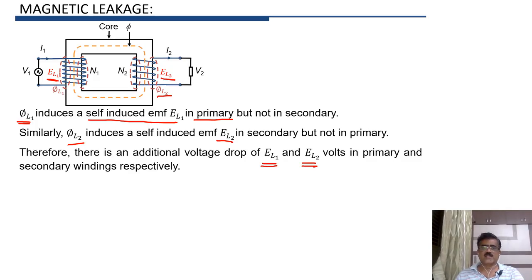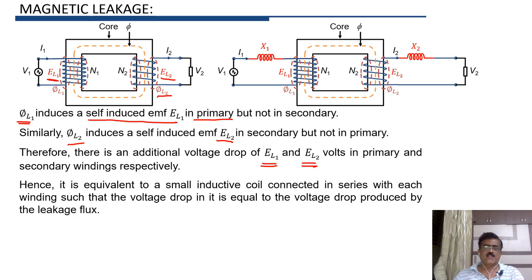Now how to consider the effect of this additional voltage drop EL1 and EL2 in primary and secondary windings? So to consider the effect of this additional voltage drop EL1 and EL2, we consider a small inductive coil connected in series with each winding.